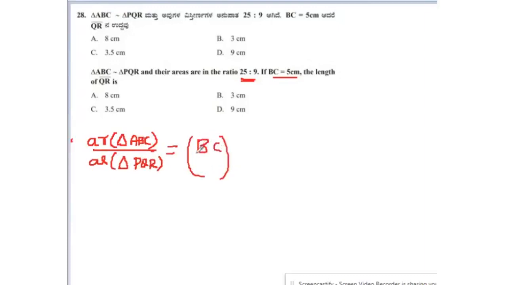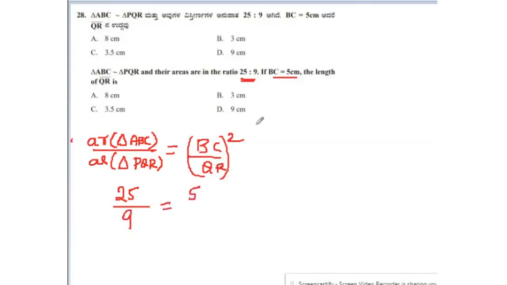So the corresponding sides are BC and QR, squares of the corresponding sides. This is the theorem which we have in the triangle chapter. So the area of triangle ABC is given as 25 and PQR is given as 9. 25:9 is the ratio, I am writing it as 25/9, which is one and the same.